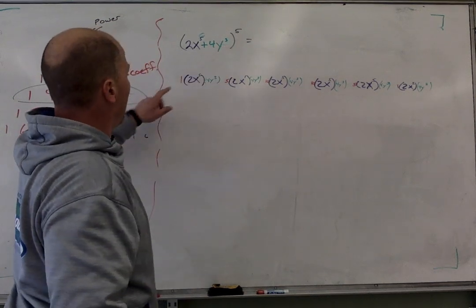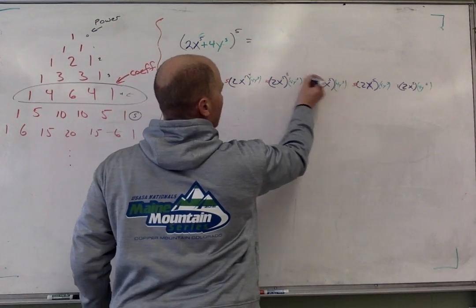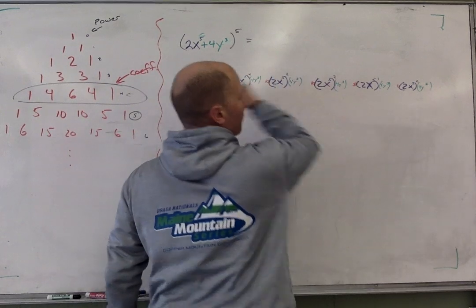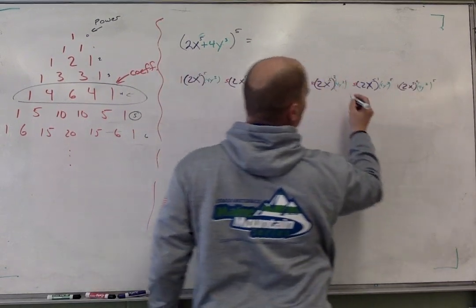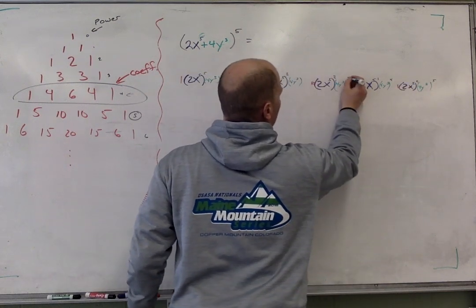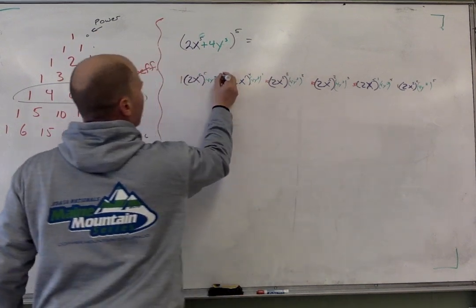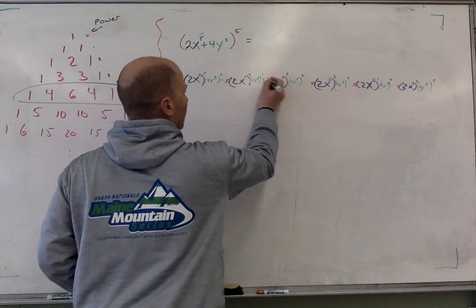It's going to be 5, 4, 3, 2, 1, 0. And each time I do it, it should add up to 5. 3 plus 2 is 5, 2 plus 3 is 5, 1 and 4 is 5, 0 and 5 is 5. And then I'm going to fill in my plus signs.